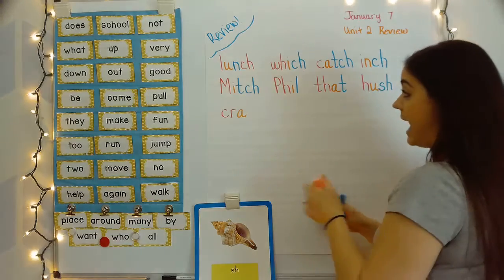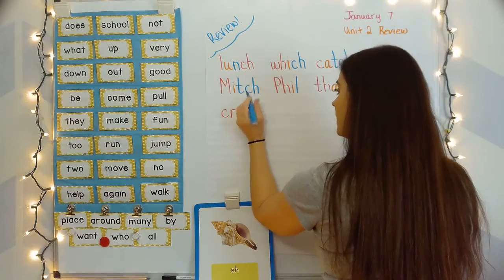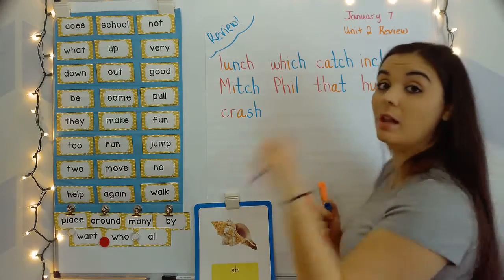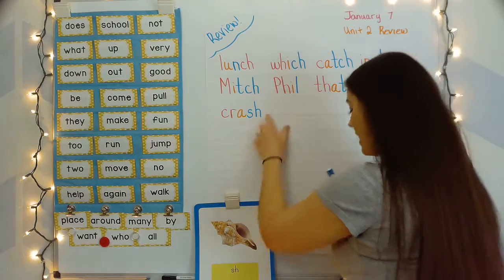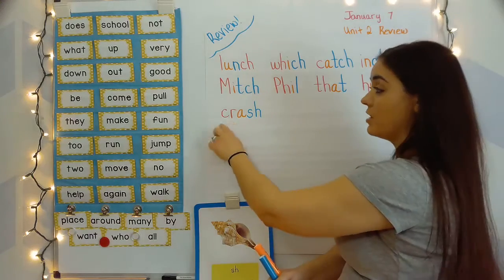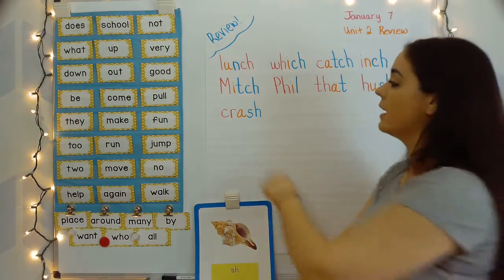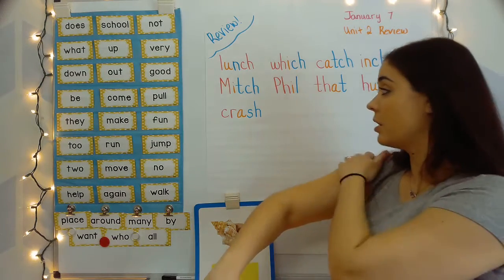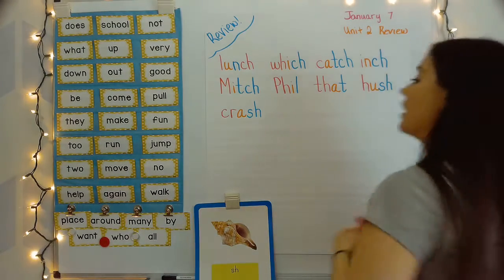A says a. And again, SH like shell, sh. Cur, ash, crash. So you can also use your stretchy snake if you're uncertain about C and R. Cur. Okay, so cur, sh, crash.